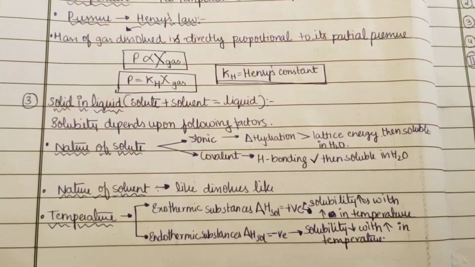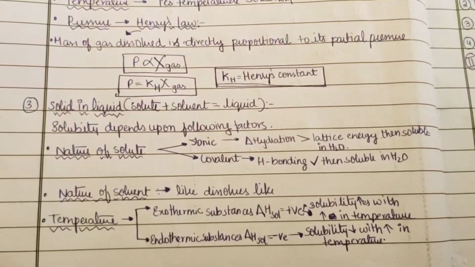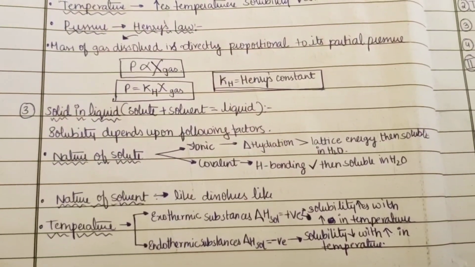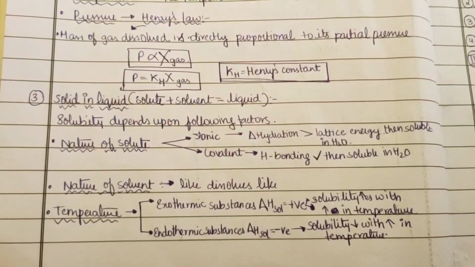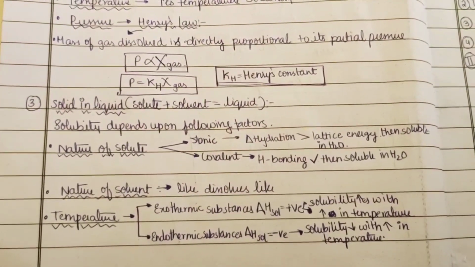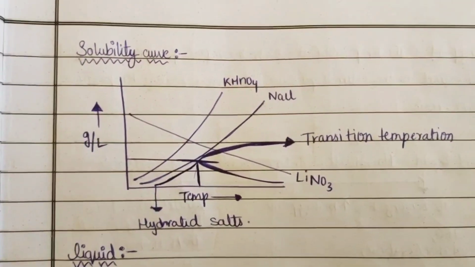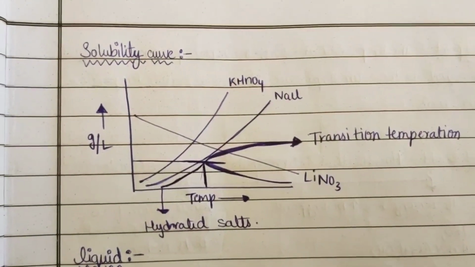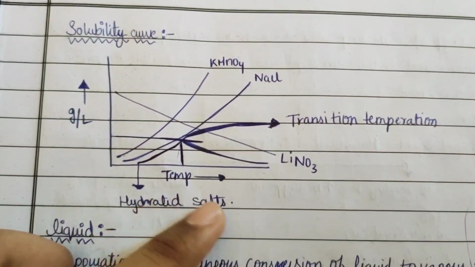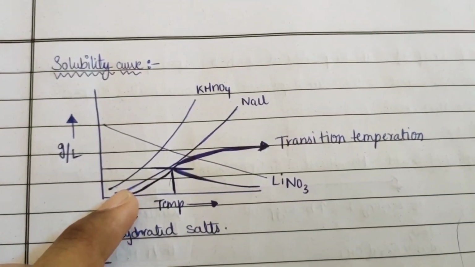Temperature, it is of both types. Exothermic substances, their solubility increases with increase in temperature. Endothermic substances, the solubility decreases with increase in temperature. Here let us see the solubility curve, where we have taken gram per liter here and temperature here.